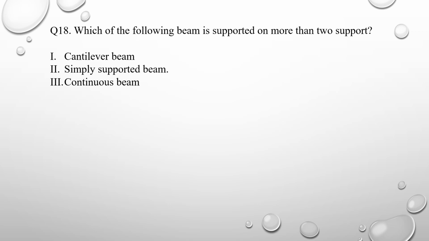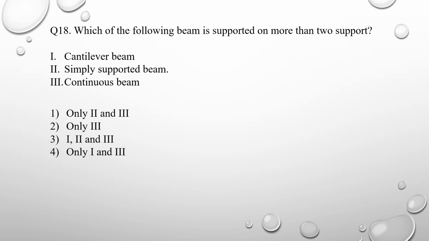Second, a simply supported beam is supported by two supports, one is a hinge and the other is a roller. Third, a continuous beam is supported with more than two supports. So the answer should be the third, which means option number 2 is correct.